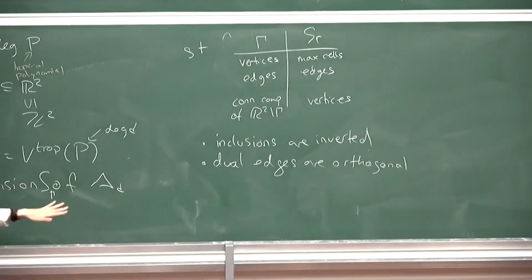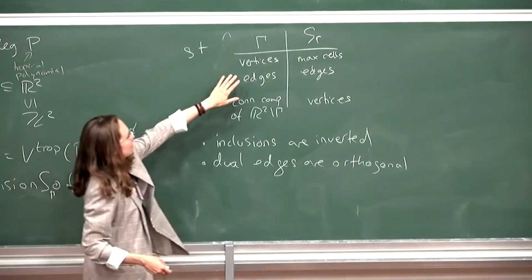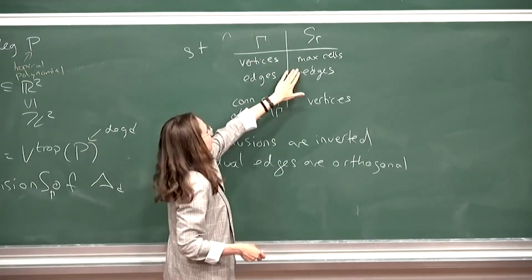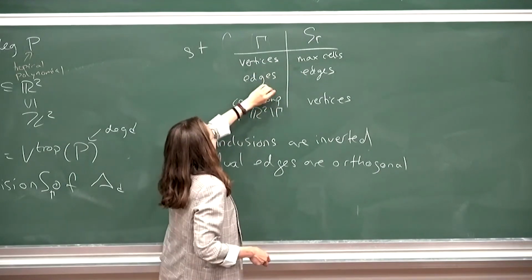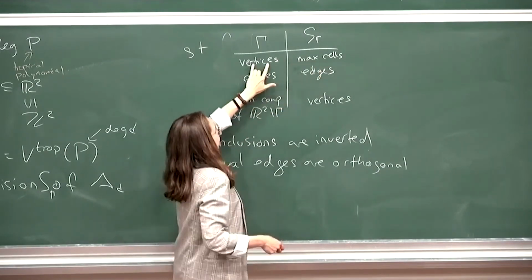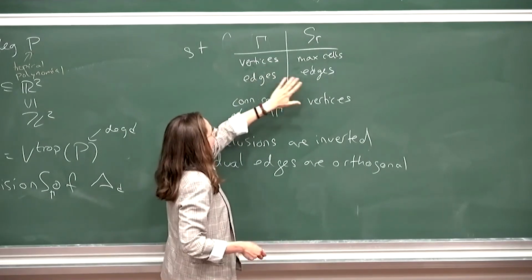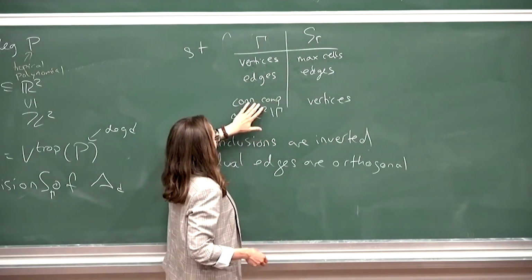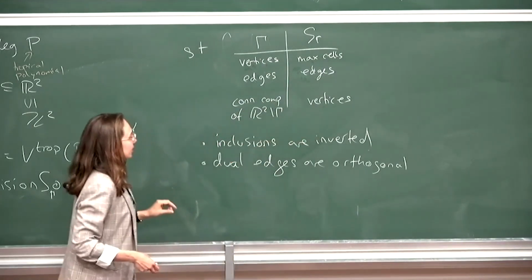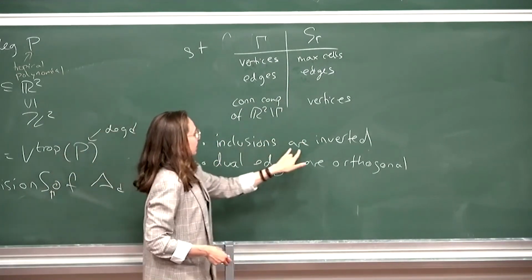Okay, let me explain this to you. Here you see that if I go from one side to the other, the dimension is inverted. Here the maximal cells are two-dimensional, the vertices are zero-dimensional. Here we have both one-dimensional. Here this is two-dimensional, while these are zero-dimensional. So it makes sense to ask that the inclusions are inverted.